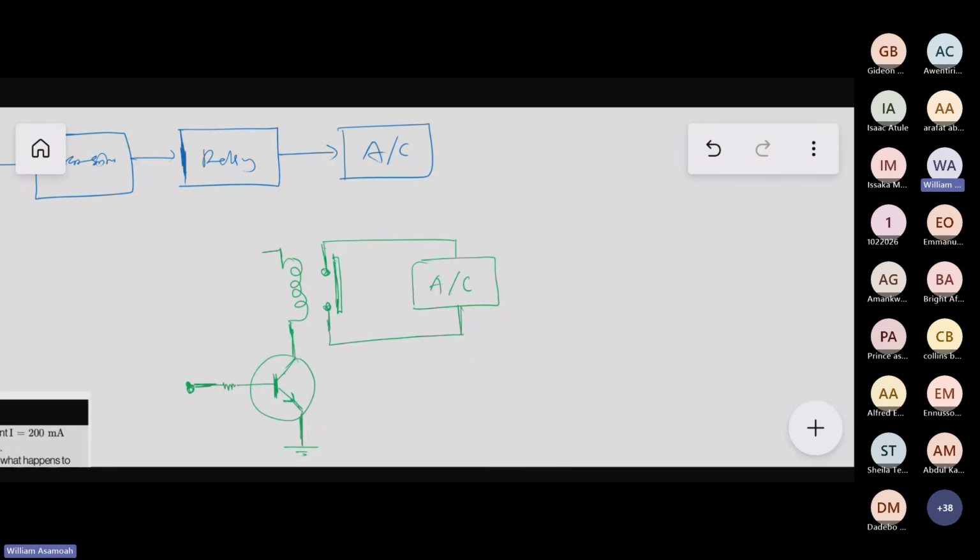Now, if we turn this inductor on, so this is a relay, this one here is a relay.